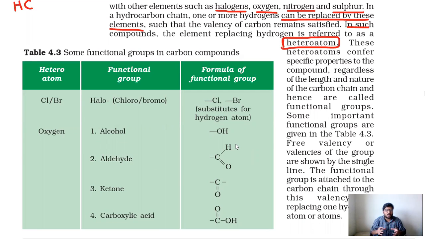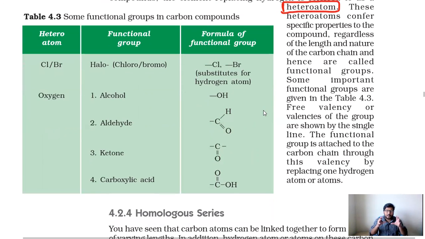First it was only hydrocarbon. After removing one hydrogen and adding one chlorine, the property will change. If you remove hydrogens and add oxygen, the property will change. Like that, properties will change, but there is no change in its length. And if it is changing the property, it is known as a functional group. So you are adding chlorine, bromine, iodine, oxygen, something like that.